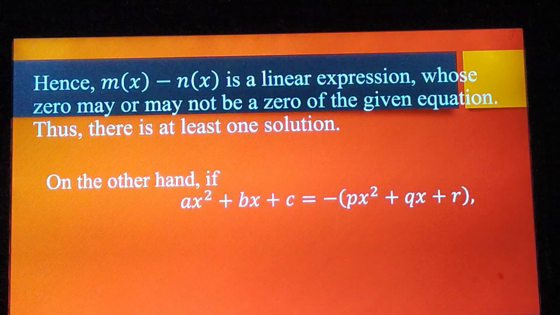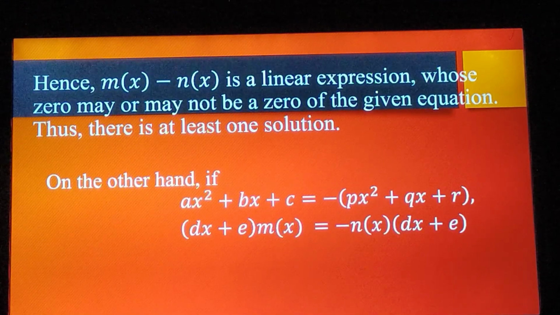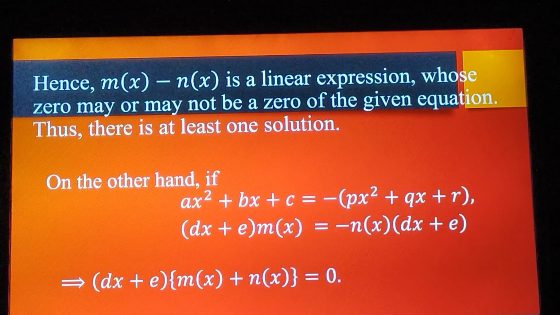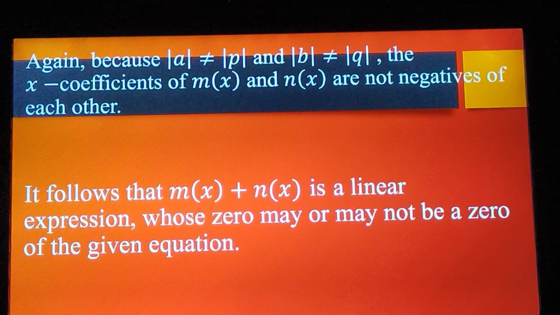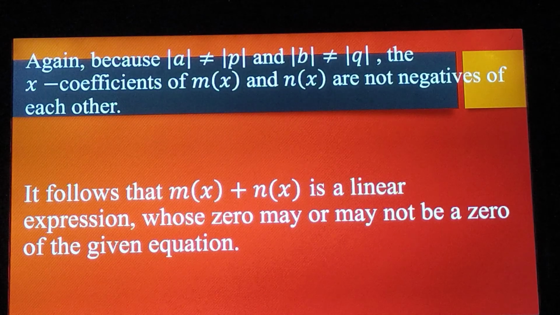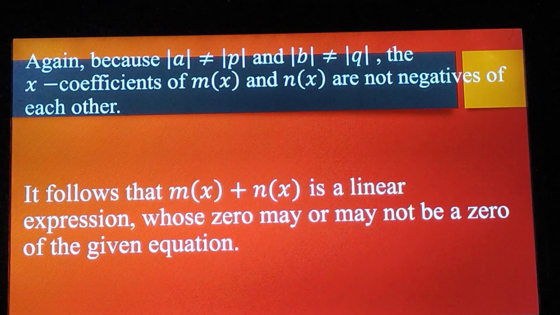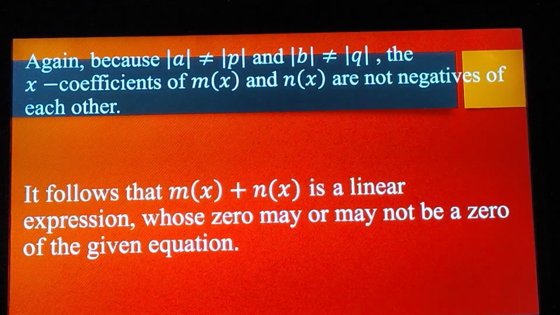On the other hand, if ax squared plus bx plus c equals the negative of the quantity px squared plus qx plus r, then we have the equation dx plus e times m of x plus n of x equals 0. Again, because of the same conditions, the x coefficients of m of x and n of x are not negatives of each other.